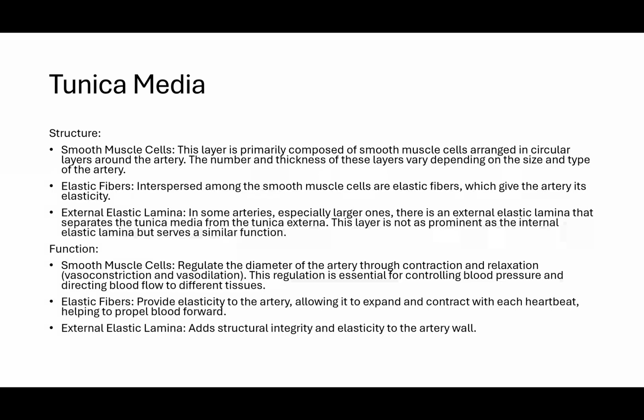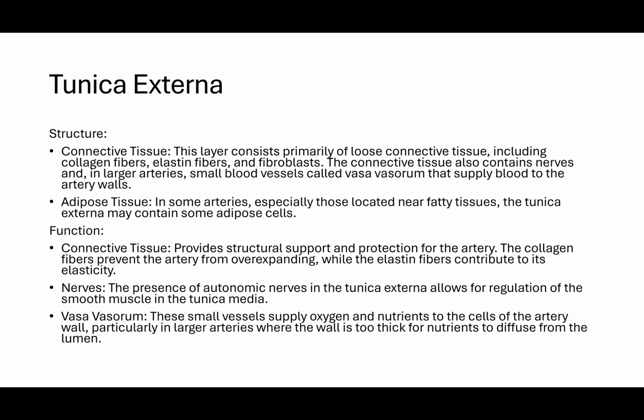Okay, you have the tunica externa, right? It has a lot of connective tissue and adipose tissue. This layer consists primarily of connective tissues: a lot of elastic tissue, fibroblasts, collagen fibers, those types of things. And it has small blood vessels called the vasa vasorum, which supply blood to the artery walls.